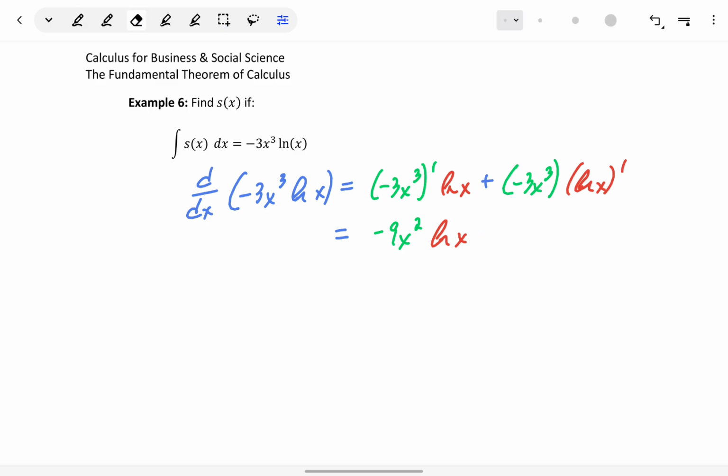And we can go ahead and change this to minus 3x cubed times 1 over x, or negative 9x squared times the natural log of x minus 3x squared.